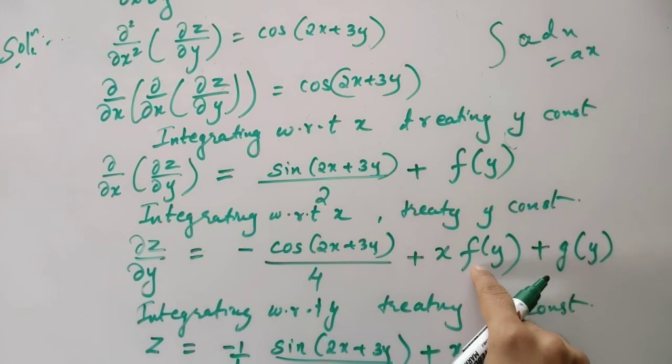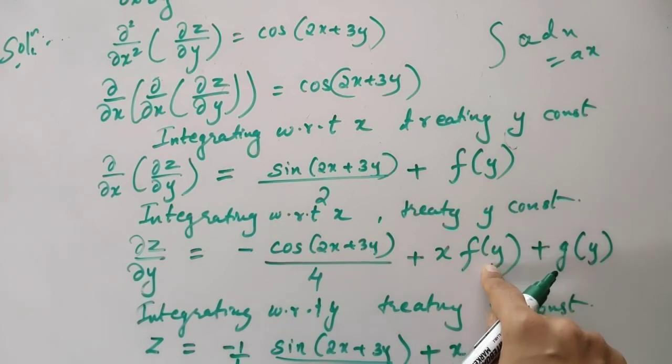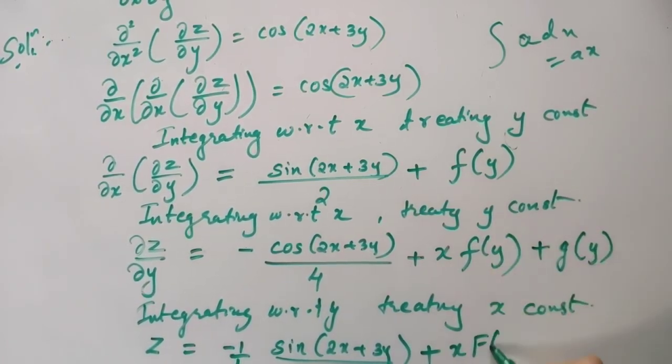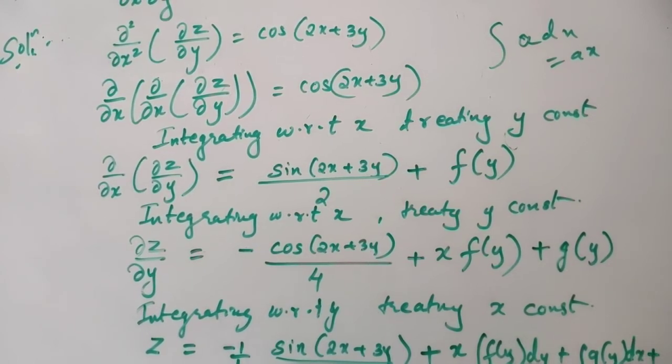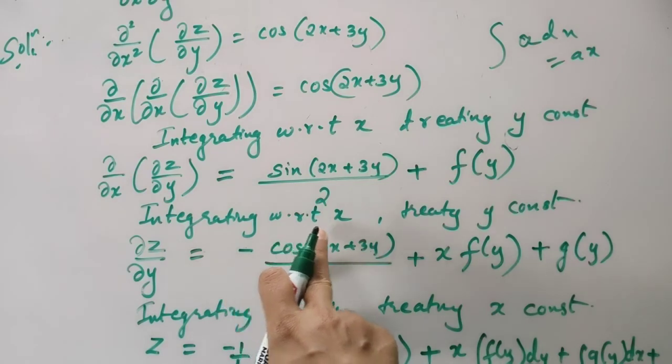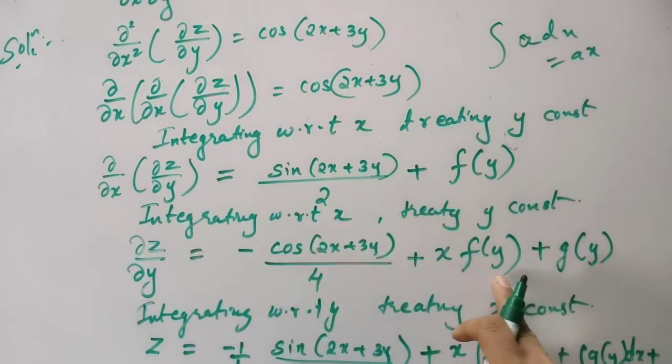Integrating this, integration of f of y. f of y is an arbitrary function of y, which actually what it is we don't know. So we simply write integration of f of y as capital F of y, just for name's sake. Otherwise I'll just write it as integration of f of y dy, plus integration of g of y dy, plus instead of writing any arbitrary constant, as I told you before, while integrating with respect to x, you accompanied an arbitrary function of y.